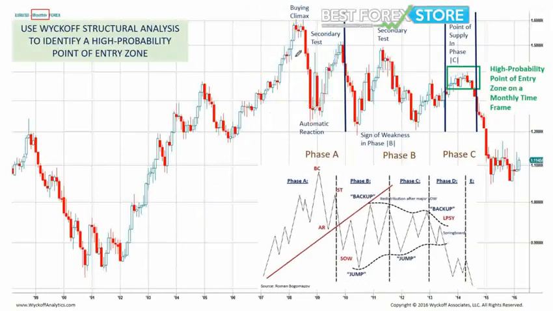So for instance, as we're experiencing this reaction, and let's say we didn't catch anything, what do we expect next after the automatic reaction? We just went through the review of this, phase analysis and structural analysis. We would expect a secondary test that's going to try to come to the climactic action resistance here in order to retest it. And we know that it also can fail, it can overshoot the resistance.